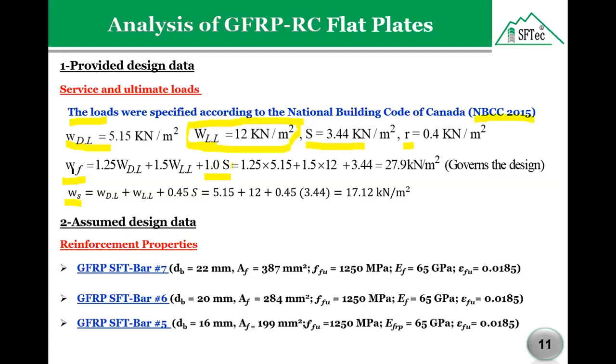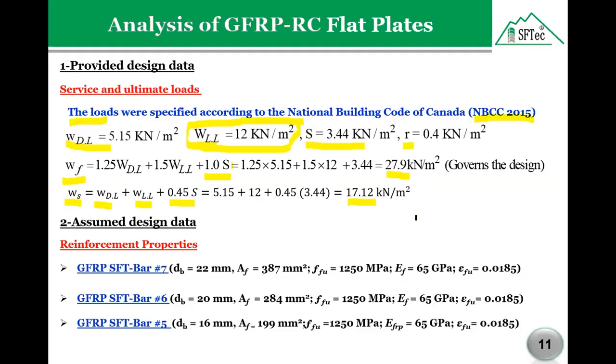So finally, W_F equals 27.9 kilonewton per meter square, while W_S, the service load, will be equal to W dead load, W live load, and a part of snow load. So W_S equals 17.12 kilonewton per meter square.